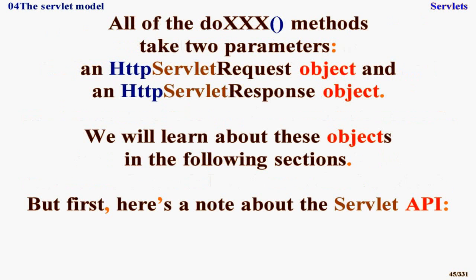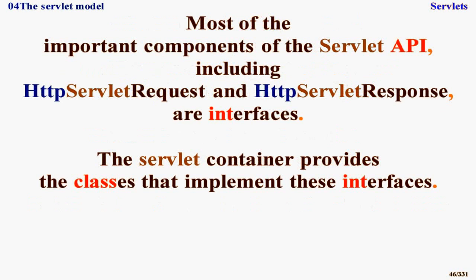All of the doXXX methods take two parameters: an HttpServletRequest object and an HttpServletResponse object. We will learn about these objects in the following sections. But first, here's a note about the Servlet API. Most of the important components of the Servlet API, including HttpServletRequest and HttpServletResponse, are interfaces.